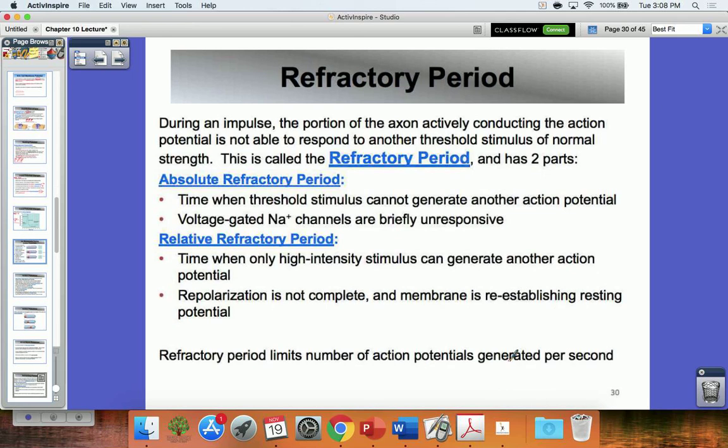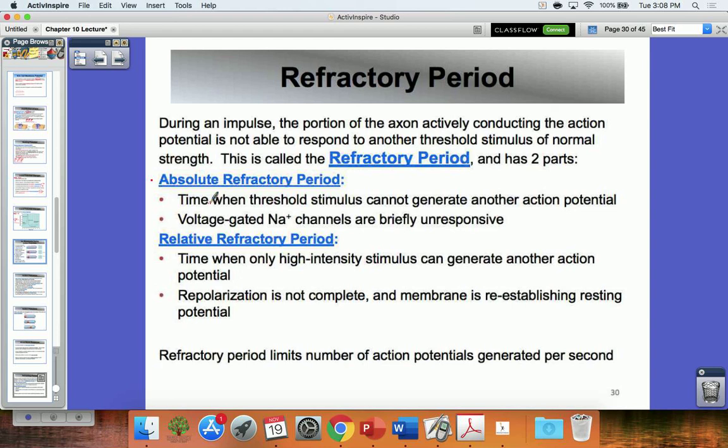Now, we don't want a neuron to be overly active, so it has to have a bit of a rest, and that rest is what we call a refractory period. So we have two parts of the refractory period. One is called the absolute refractory period. Absolute is the time when a threshold stimulus cannot generate another action potential, which means that when we are at that negative 55, we can't generate another one.